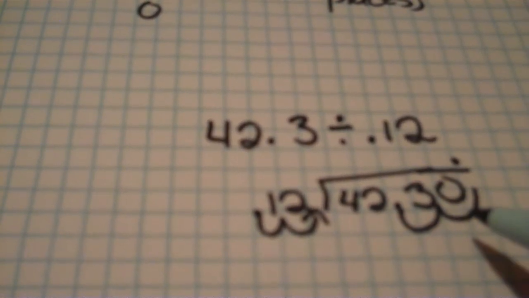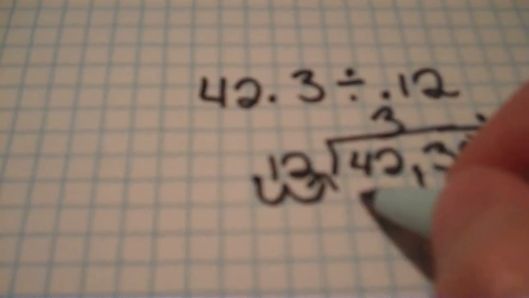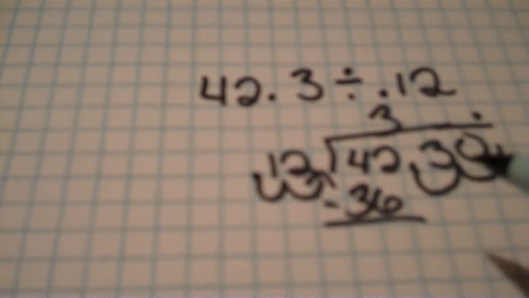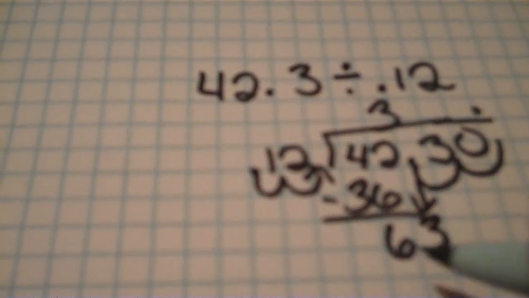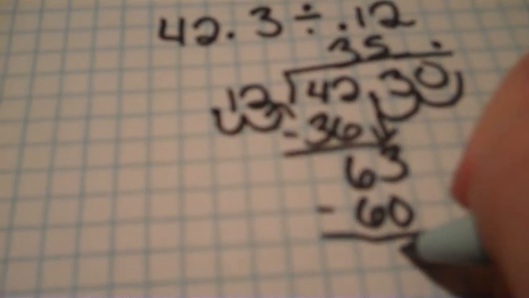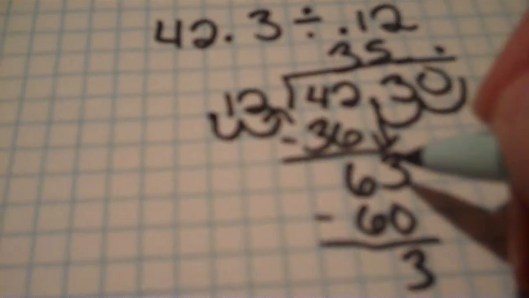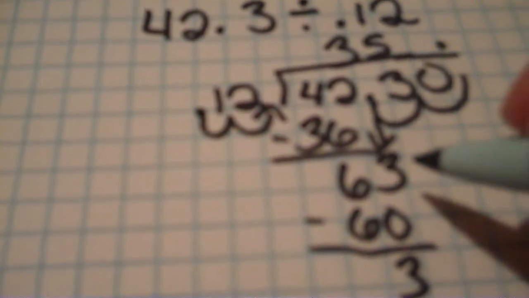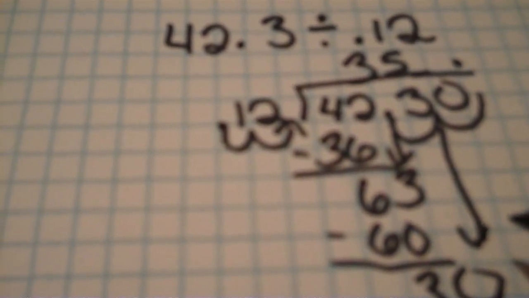Now we're doing that long division. 12 goes into 42 3 times. 12 times 3 gives me 36. 42 minus 36 gives me 6. Bring down my 3. 12 goes into 63 5 times with 60, leaving me with 3. Bring down a 0. 12 goes into 30 2 times with 24. 30 minus 24 is 6.